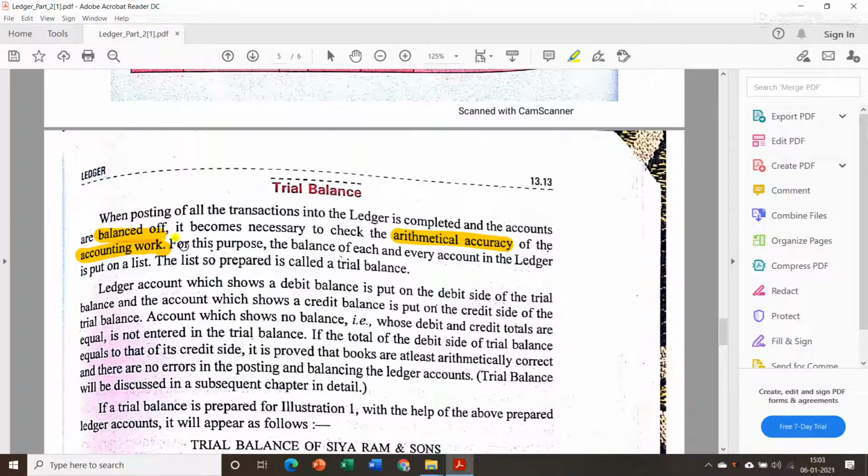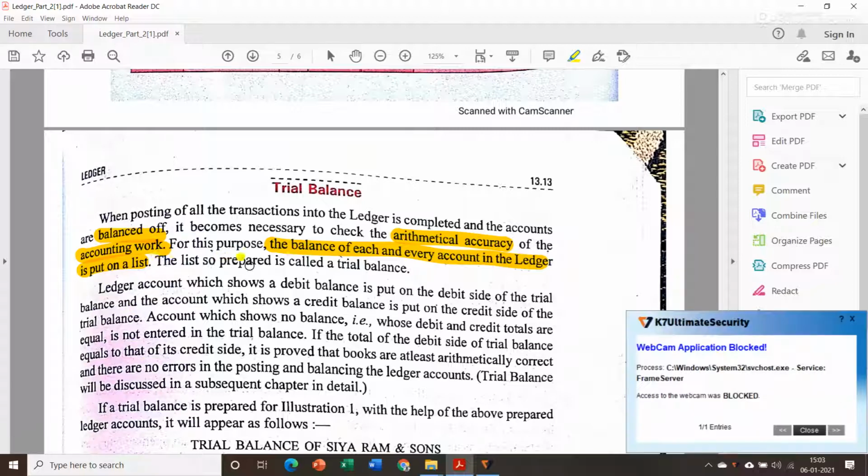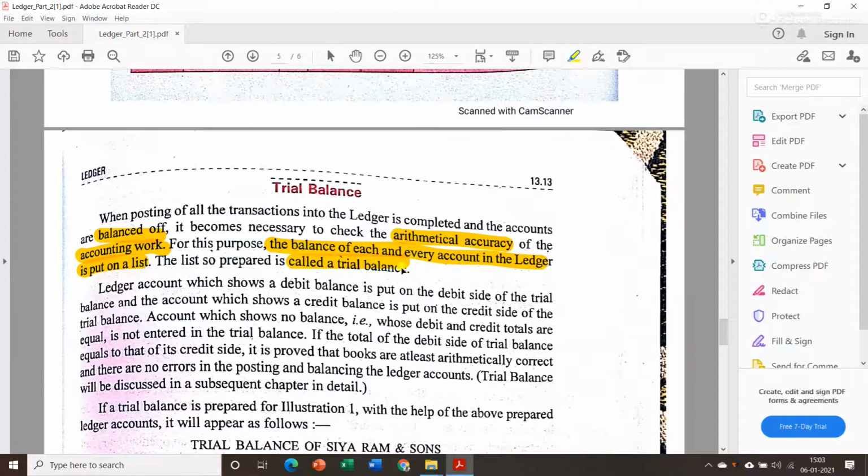So in order to check our accuracy, we have to prepare a trial balance. For this purpose, the balance of each and every account in the ledger is put on a list. The list of all those accounts is nothing but what is known as a trial balance.